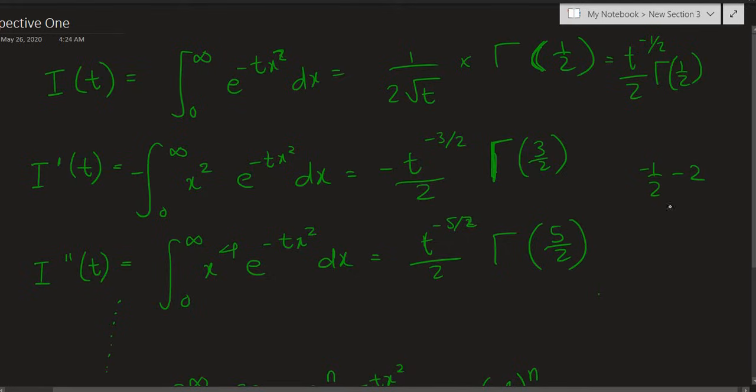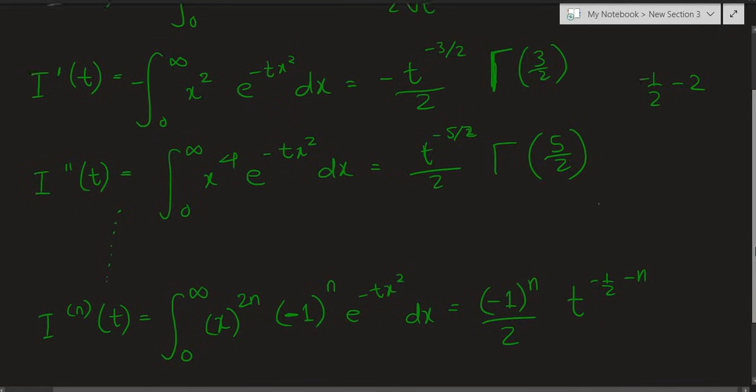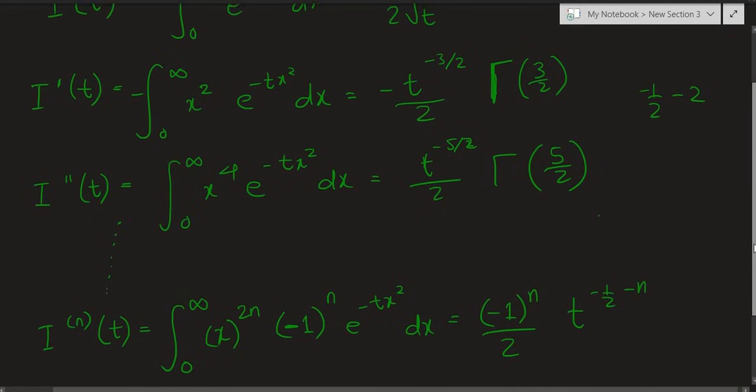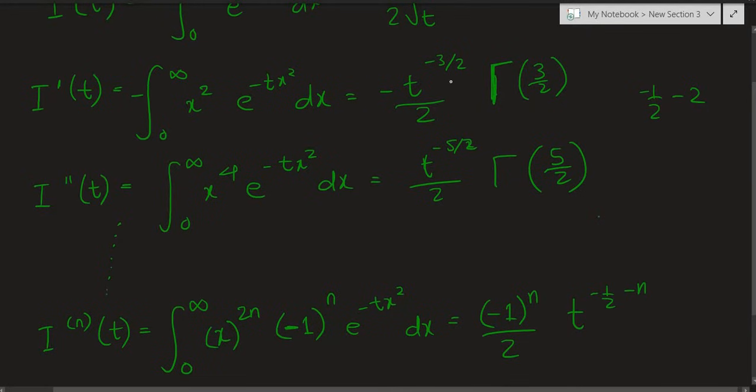That's why we obtained -5/2. So for the nth derivative we would have to subtract n from -1/2, and that will be the power of t, and whatever was the power of t was basically the gamma function, right? But the positive of it. So we have the gamma of the positive version of this, or n plus half.